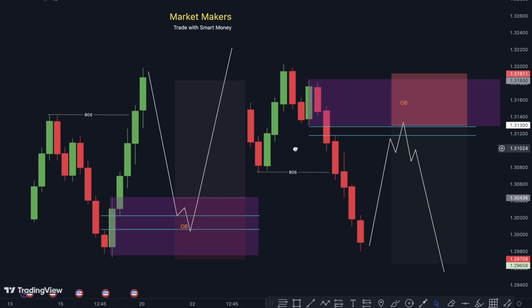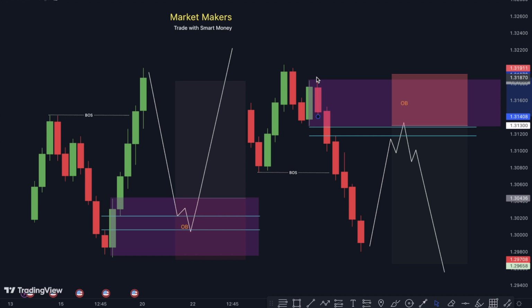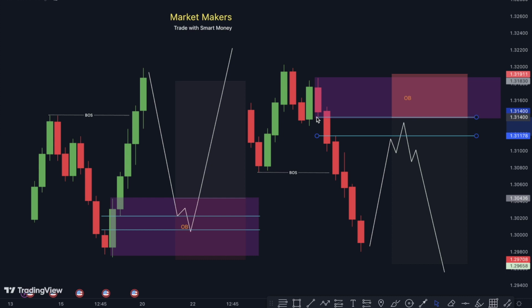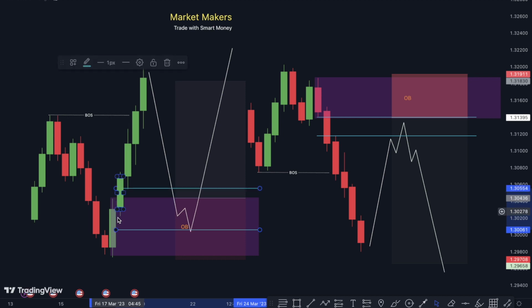Suppose in the bearish trend this wick was higher than the previous candle's wick, then this would be our order block, and we would enter our trade over here, and the inefficiency would be this, right? Here you can see inefficiency would be here if this was our order block.